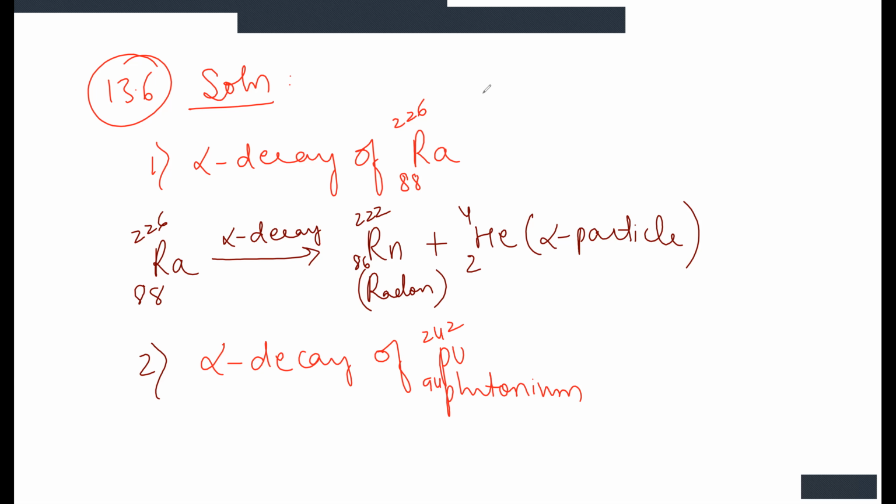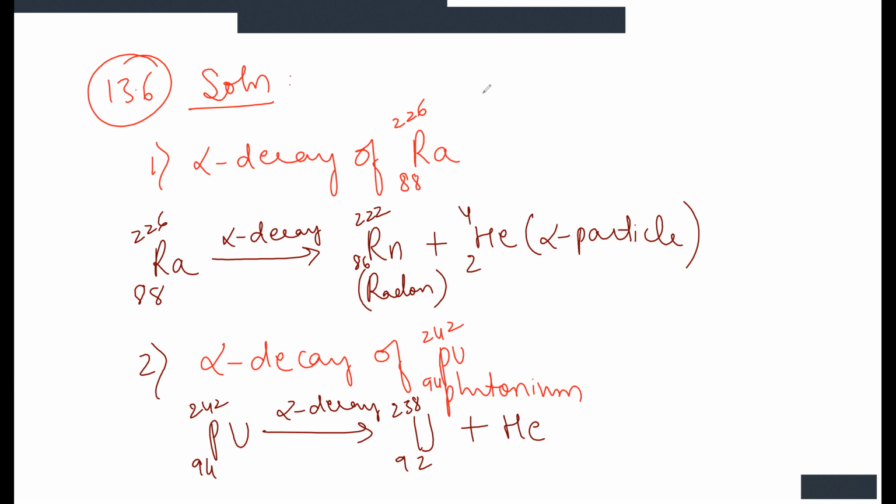How to write the reaction? When plutonium 242 94 undergoes alpha decay, it is going to produce uranium 238 plus helium, the alpha particle.